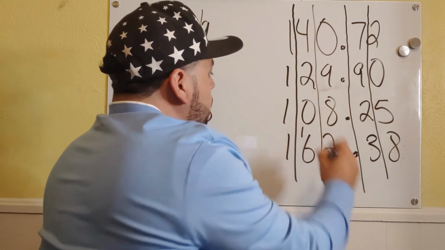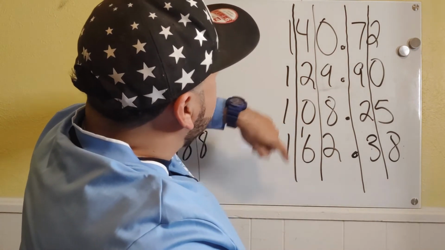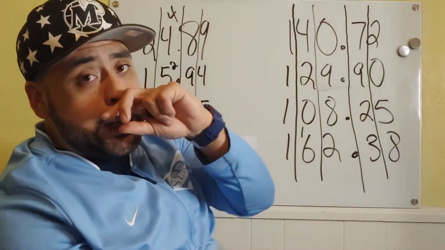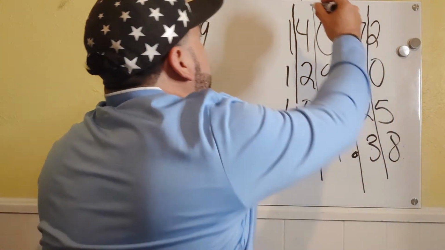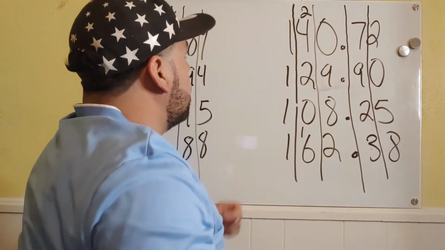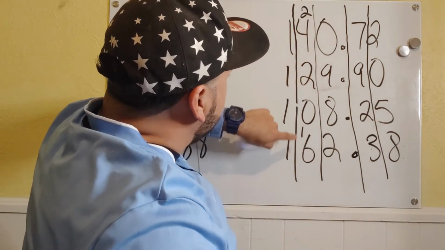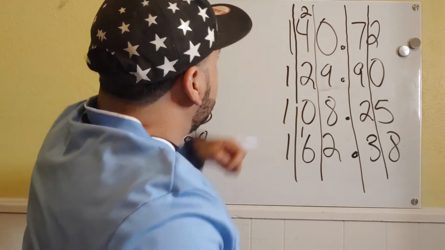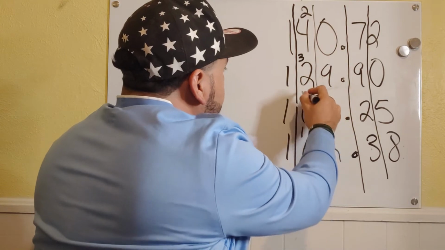So I'm gonna put 1. Then I go back up and see which is the second largest. 4 is greater than the 2, and the 2 is greater than the 0. So I'll put 3 here, and then I'll put 4 here.